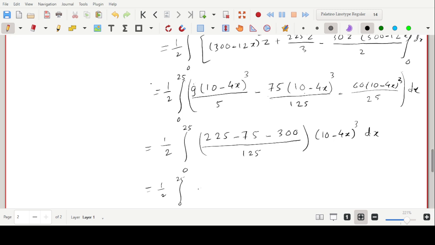Minus negative of 375, 225, so negative 150 divided by 125, 10 minus 4x the cube dx. Probably we could have factored out 2 from this 10 minus 4x even earlier.